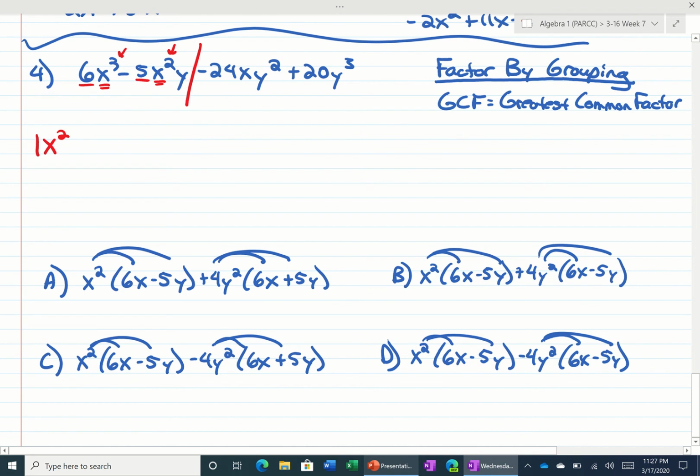So the most they have in common is x squared. Next, what we're going to do is divide each of these by that greatest common factor. This has y, this one does not have y, so they're not in common. If we divide by 1x squared and 1x squared, we get 6x to the first. When you divide, you subtract the powers. It's the opposite of when you multiply, you add the powers. Minus 5y.